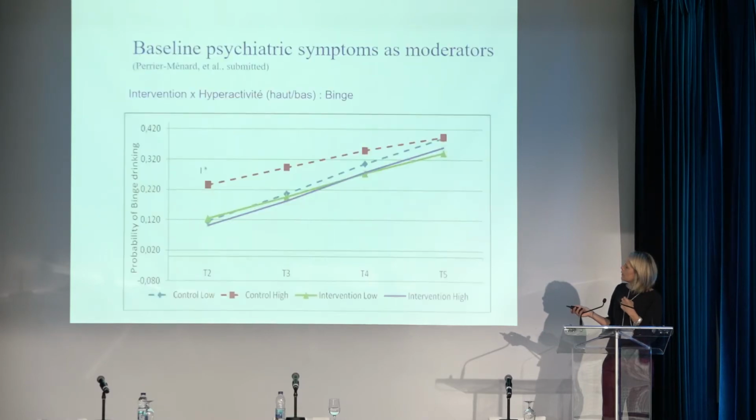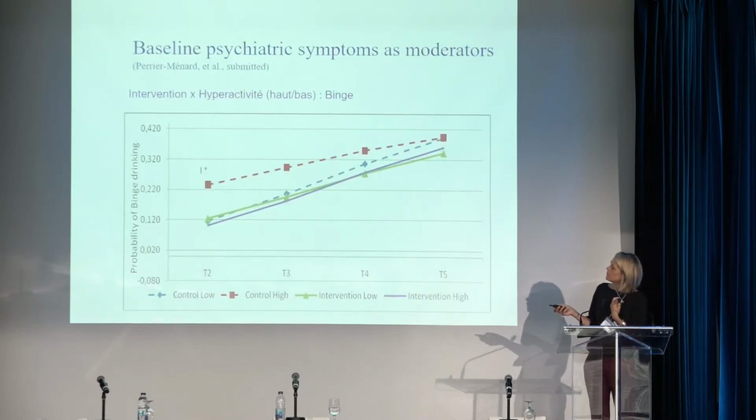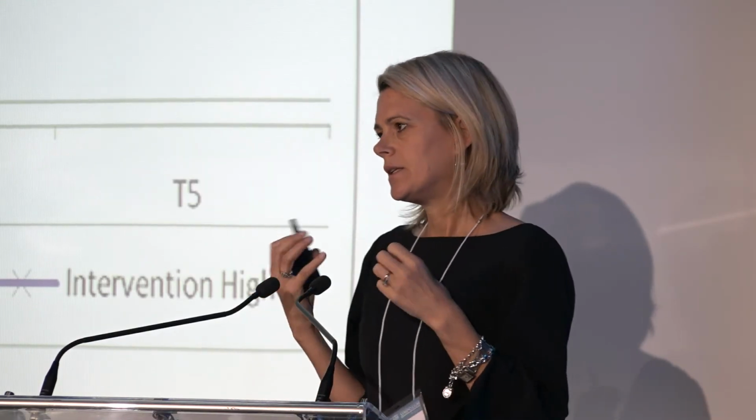Very quickly, let me also mention that often I'm being criticized and I'm being told that a brief intervention of 2 sessions might be able to help people who are at low risk, but those who are at very high risk need a lot more intervention, and that this kind of intervention is not relevant.